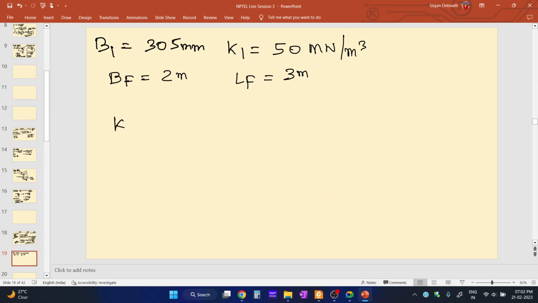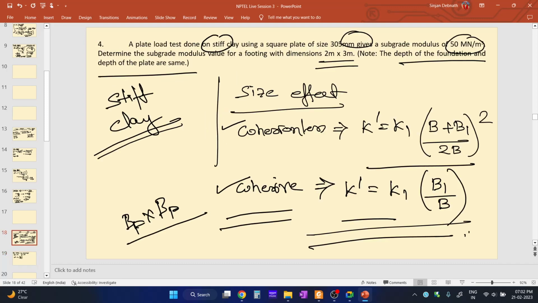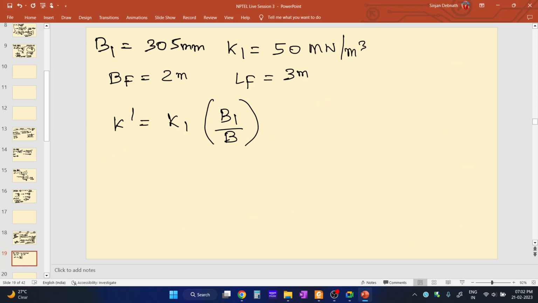First we need to find out K dash. K dash is equal to K1 into B1 by B, since this is cohesive soil. K1 is 50, B1 is the dimension of the plate, 0.305 meter, and the breadth of the foundation is 2 meter.